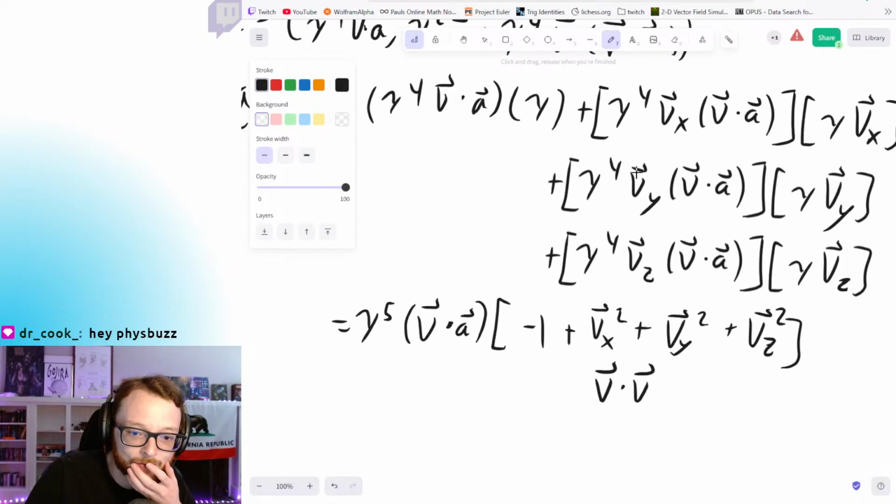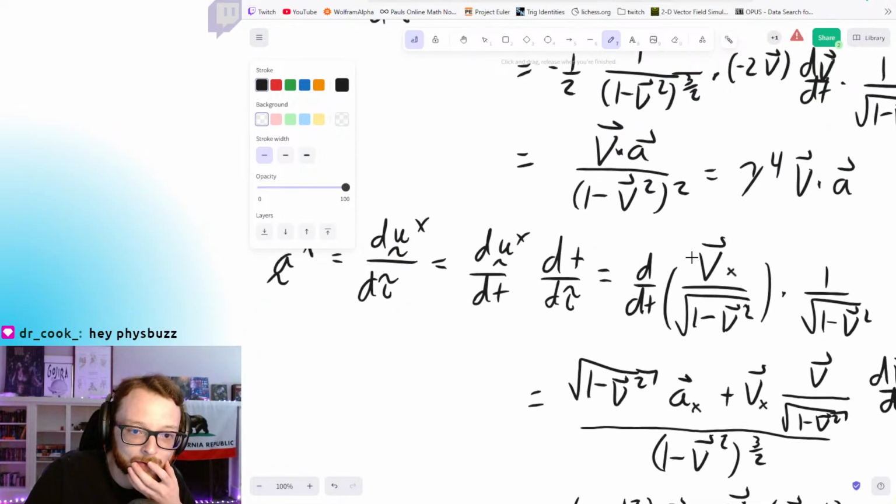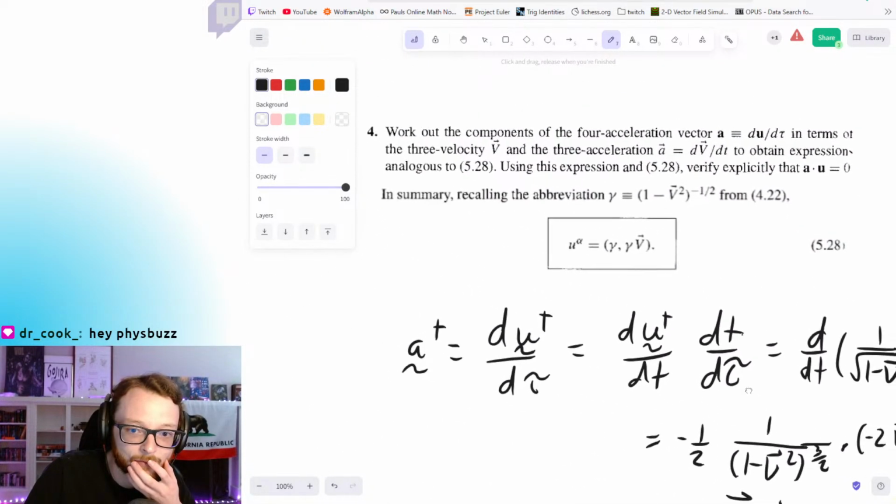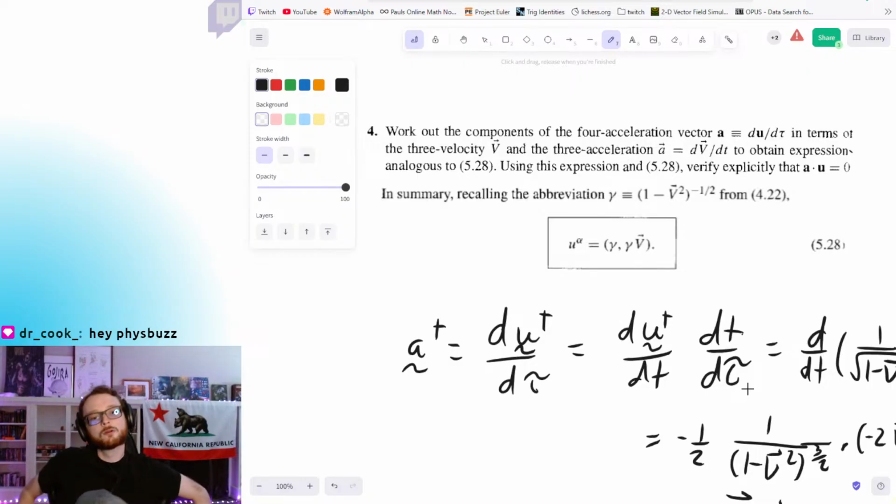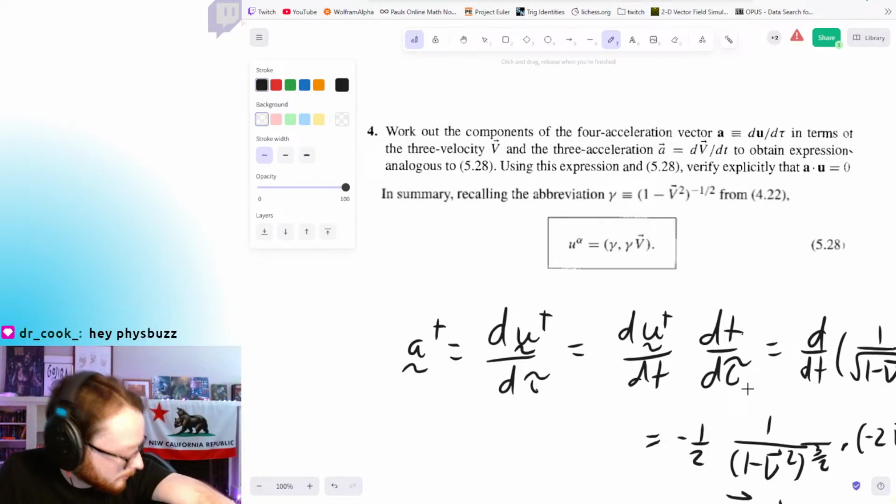We want to justify free vector v dot v being positive one. Why would that be? Oh, wait, I think I see something.